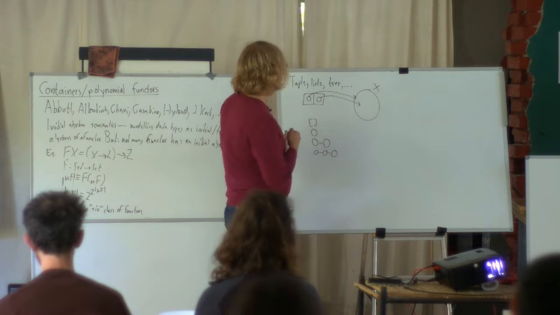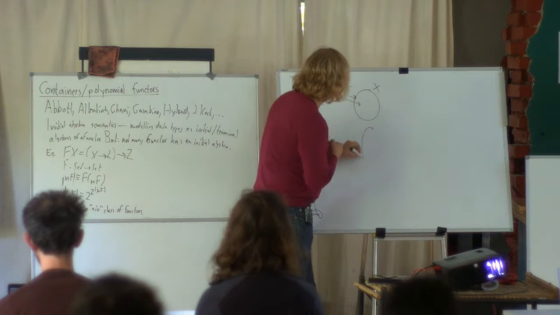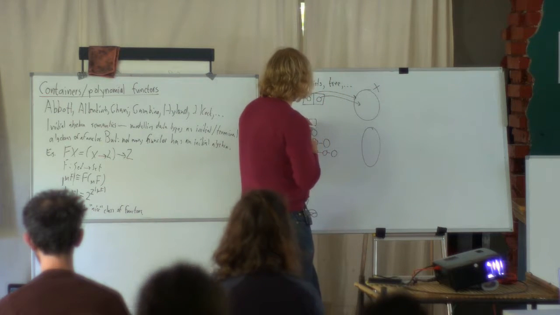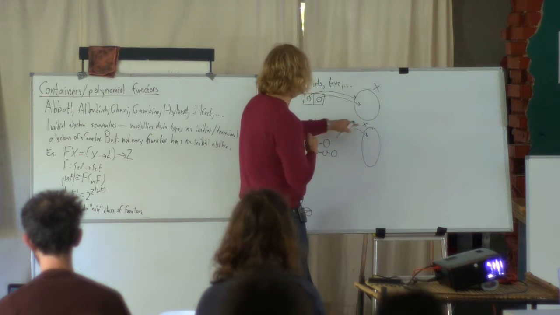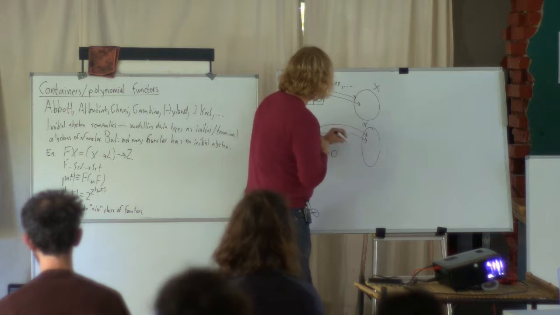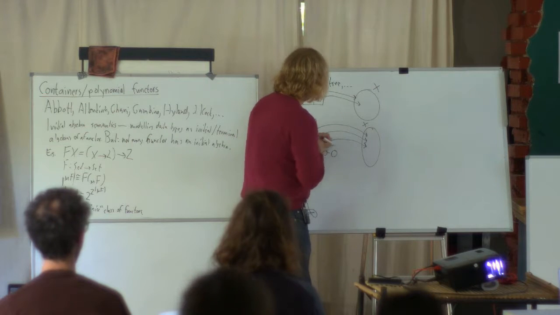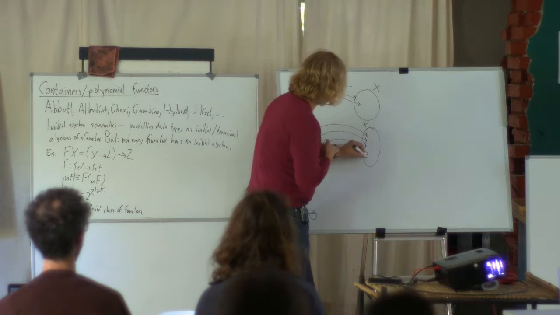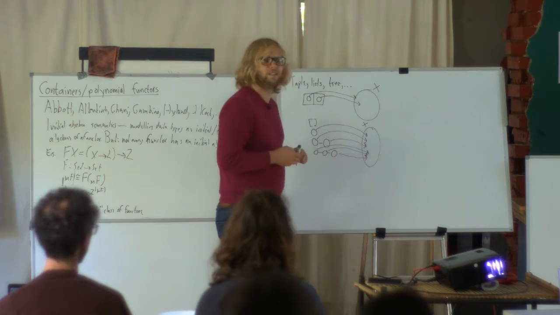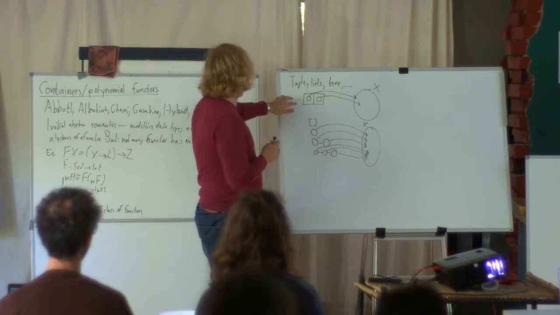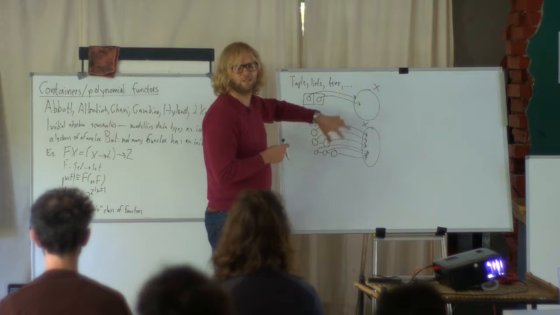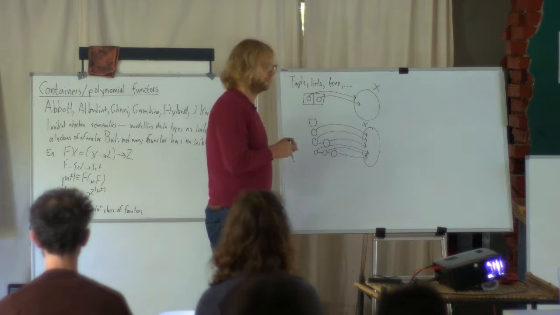For each one of these, I have to map certain things into x in order to give the elements of the list. So here I have to give one thing in x, here two things in x, here three things in x, etc. I'm trying to make this look a little like the tuple, where I had to give things in x in order to fill up my data structure.